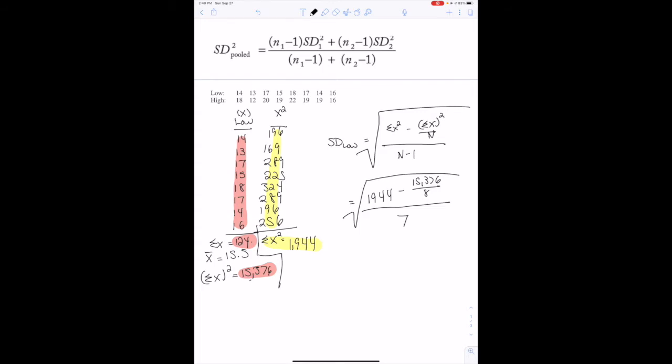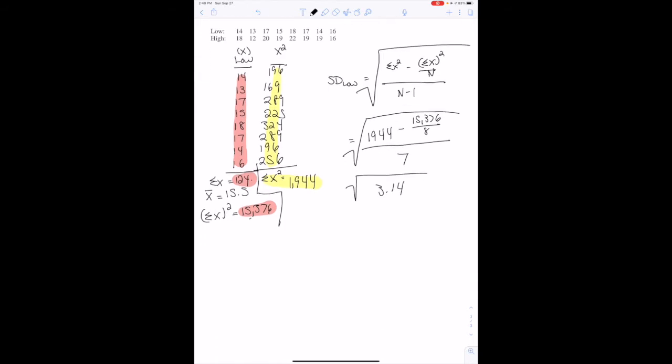And if we do that arithmetic, we end up with the square root of 3.14, which is equal to a standard deviation for low of 1.77.